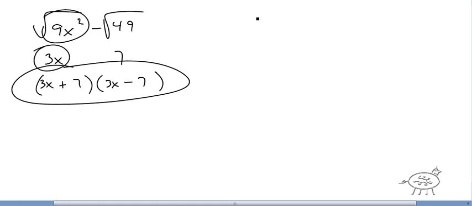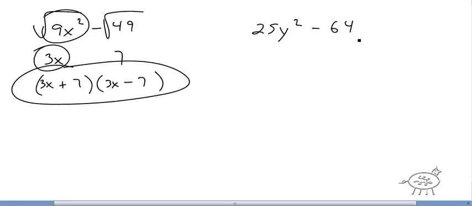Okay, let's try another one here. 25y squared minus 64. Definitely, again, you're going to recognize it much quicker as time goes on, but definitely you see 25 is a perfect square, y squared is a perfect square, 64 is a perfect square.